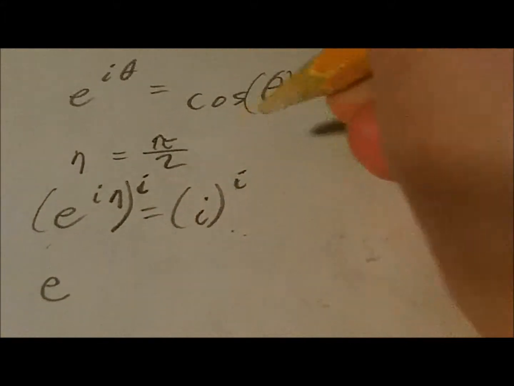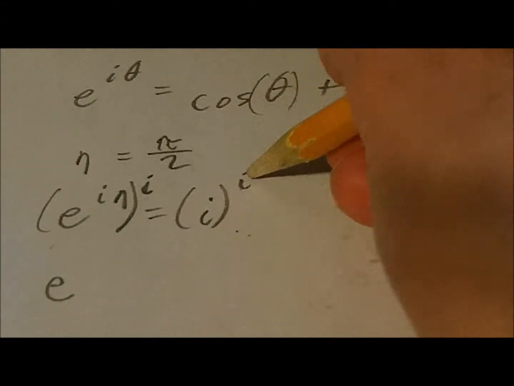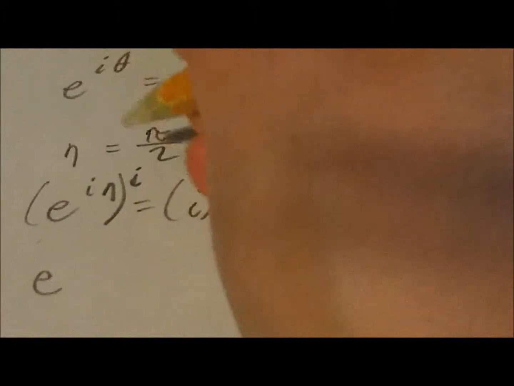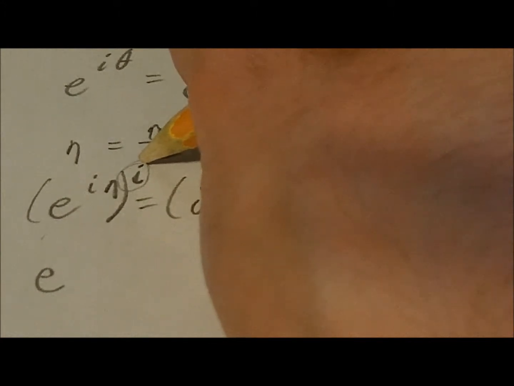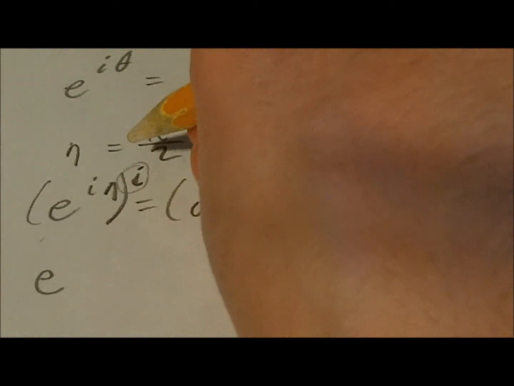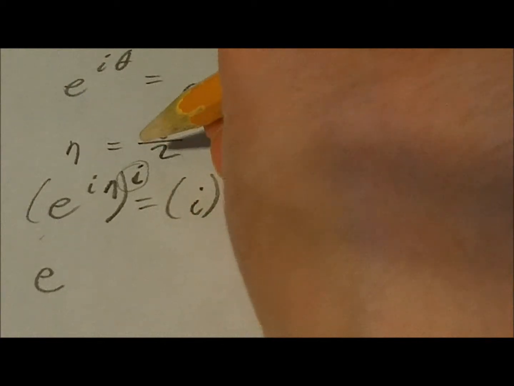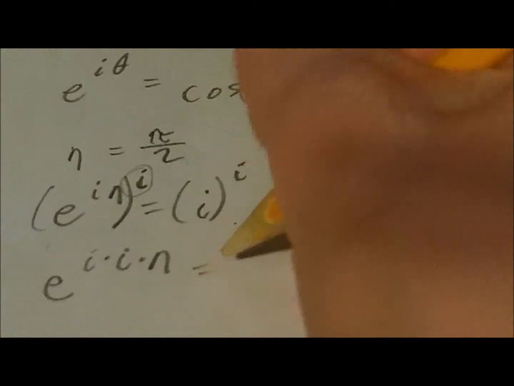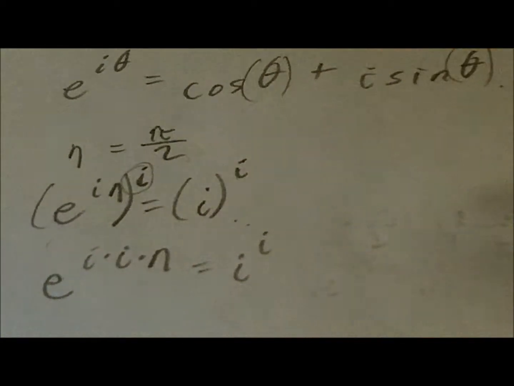So theoretically, we can raise i to the power i and simplify this. We can use this exponent as a factor. It's just a law of exponents. So we can say e to the i times eta equals i to the i.